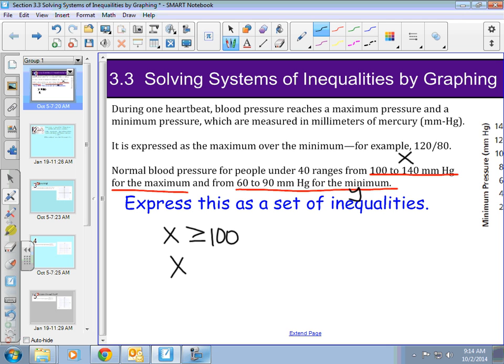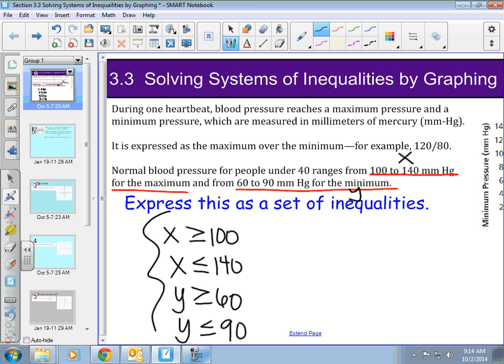But then it's to 140, so it can't be over 140, so it has to be less than or equal to 140 for my x or max values. Then for my min values, it's from 60 to 90. Well, that's my y value. To be from 60, it can't be any lower than 60, so it has to be greater than or equal to 60, and then finally y has to be less than or equal to 90.